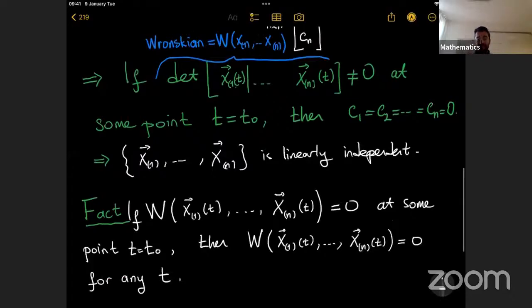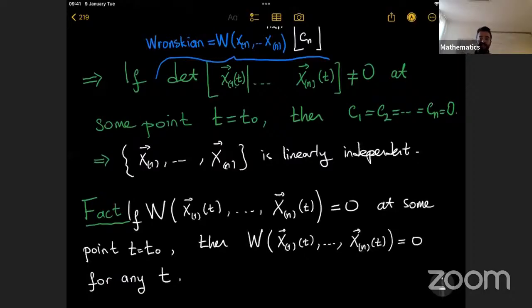It's not a trivial fact. Again, it follows from the existence and uniqueness theorem, but let me not go into this. So keep in mind that for the Wronskian of the solutions, if it is 0 at some point, it is 0 everywhere.